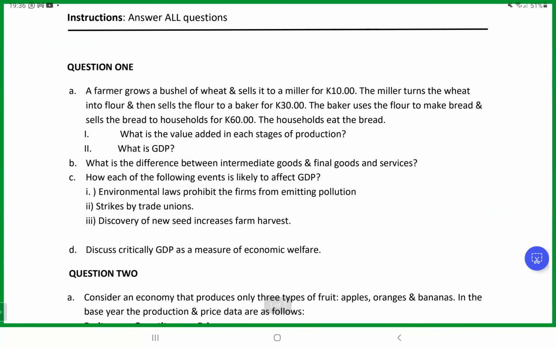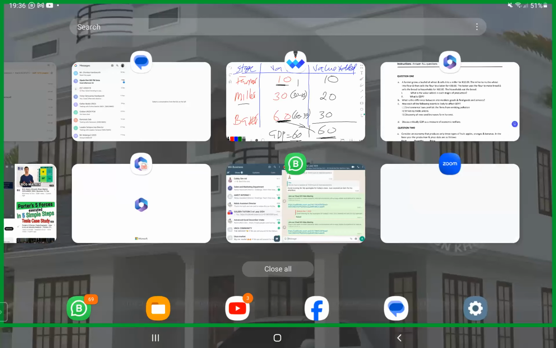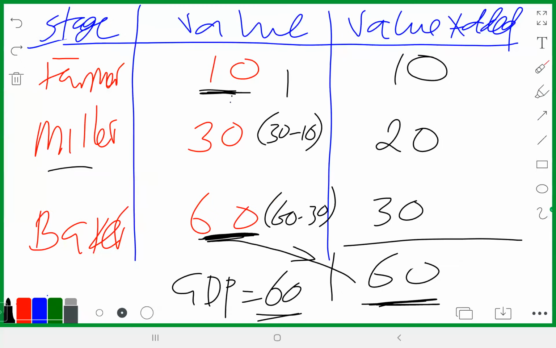Okay. So the intermediate goods are those goods that are going to be used for further production, whereas the final goods or services are the end goods, the final goods that have been produced. For example, here we talked about the farmer producing wheat. Wheat is not a final product because it is still going to be converted into what? Into flour. Even flour in this case is not a final good because it's still going to be converted into what?